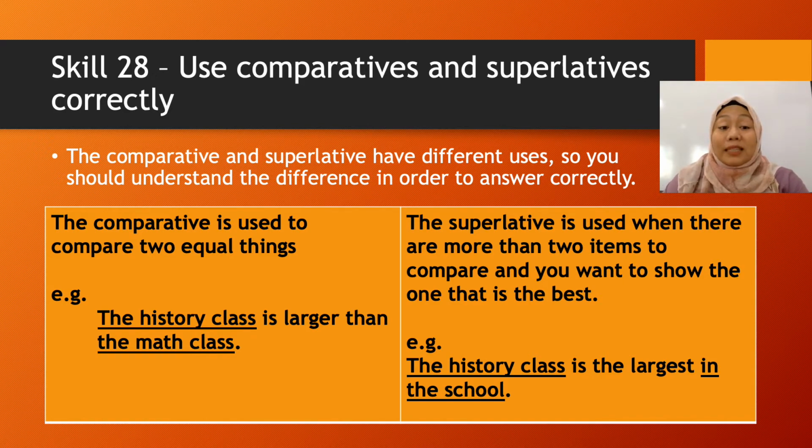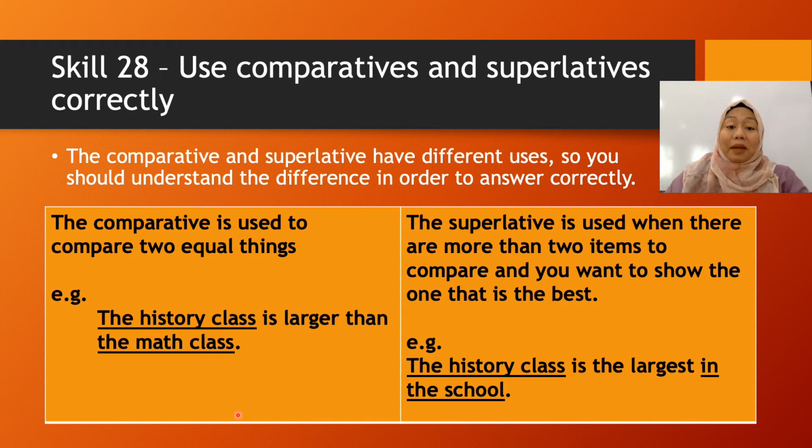The first one is the history class is larger than the math class. So here you compare the history class and the math class, which are all classes, right? One is history class and the other one is math class. Okay, so for comparative, you basically compare two equal things.